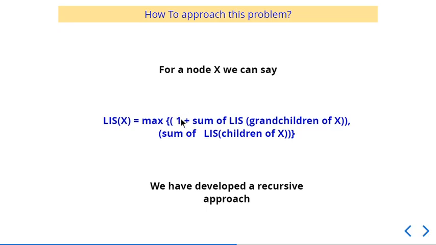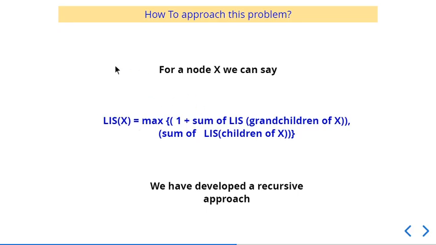One is the particular node. हम एक particular node के लिए decision ले रहे हैं कि अगर हम इस particular node को include करते हैं largest independent set में, if we include this particular node, then of course it is one only, plus the sum of the LIS of grandchildren, and the LIS means the recursive call on its grandchildren, what is the largest independent set forming from its grandchildren of x, all the summation plus 1 for this particular node, or, comma, the sum of LIS of children of x. The max of this we are making the LIS of x.